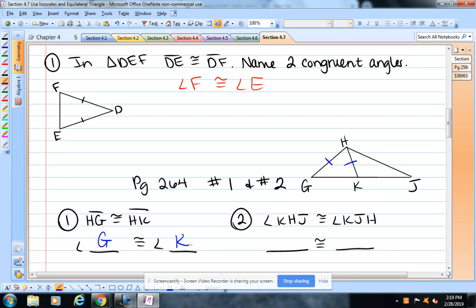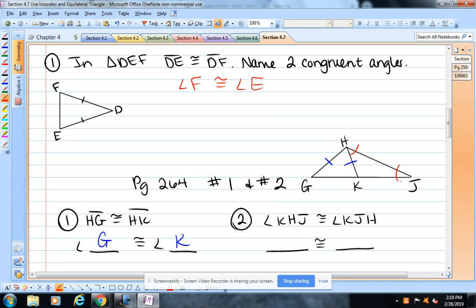Okay, number 2 is different. Number 2 tells us two angles are congruent. So let's mark those. Angle KHJ, which is this top angle, correct, is congruent to angle KJH, which is over here with angle J. So those two angles are congruent. If two angles are congruent in a triangle, then we know two sides are congruent, right?